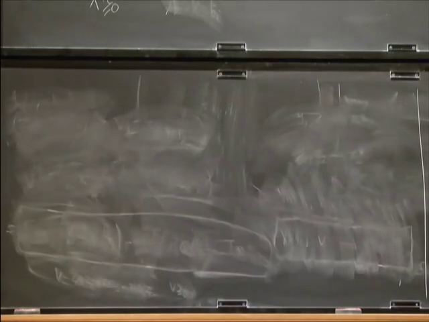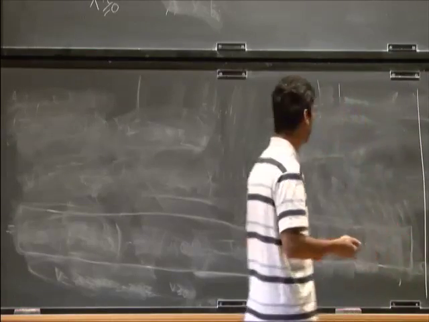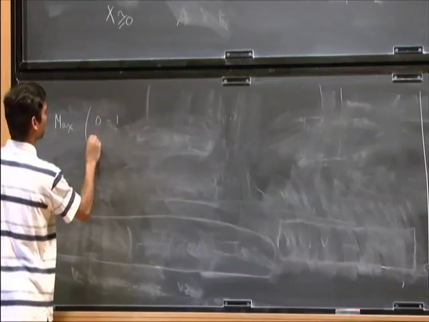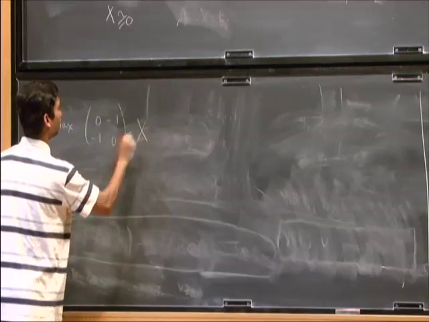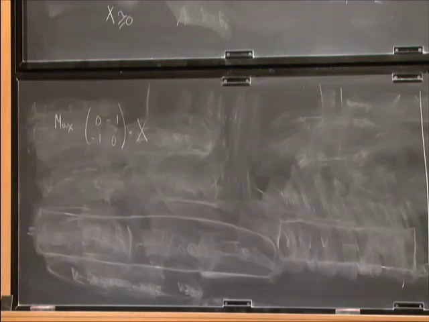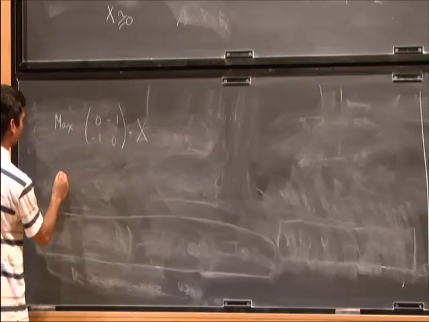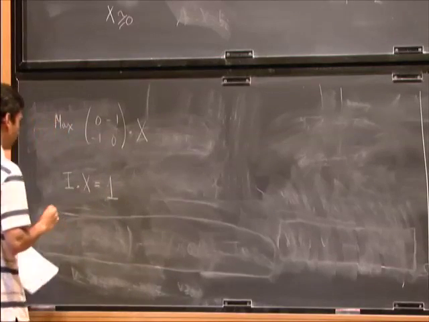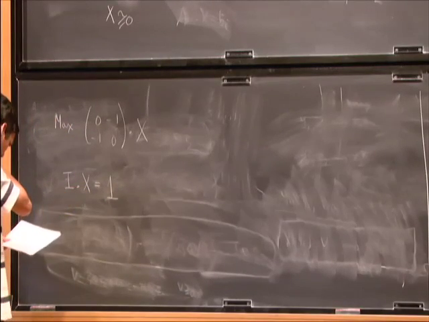Okay, so let me give you a counterexample of the case when this is not true, all these are true, and still the product theorem will not be valid. This is just trace of x equal to 1.